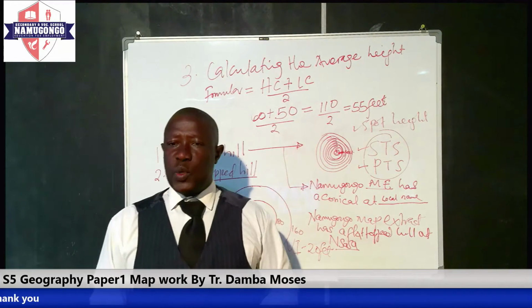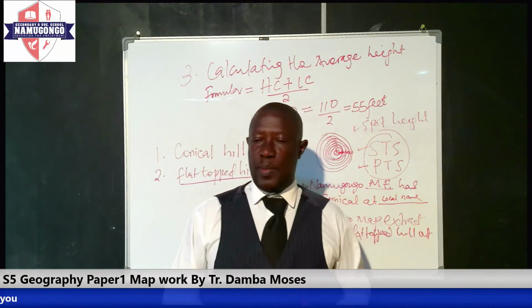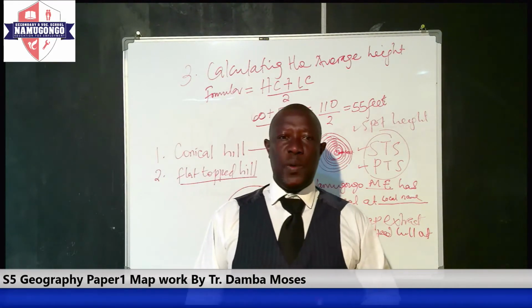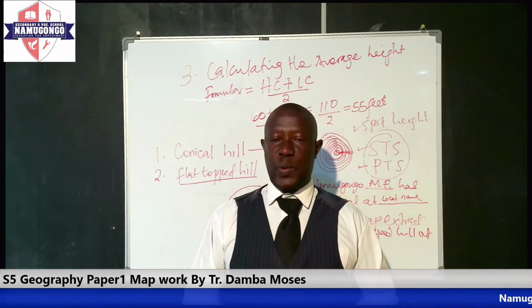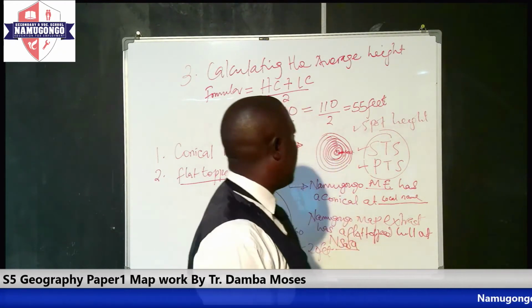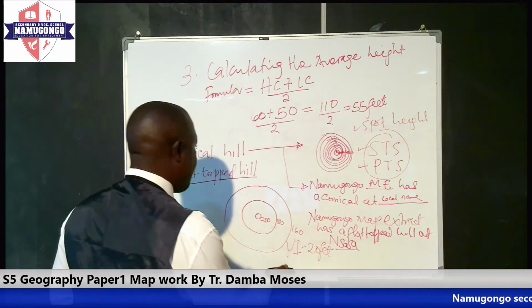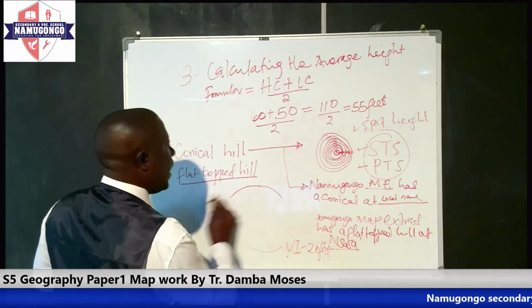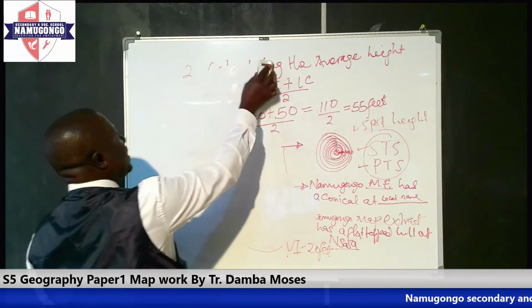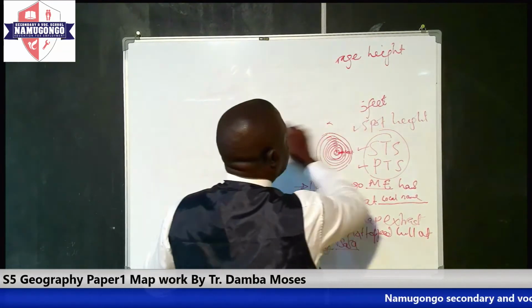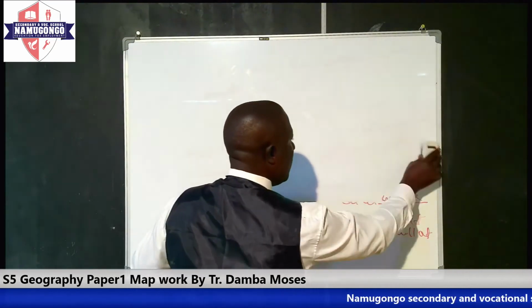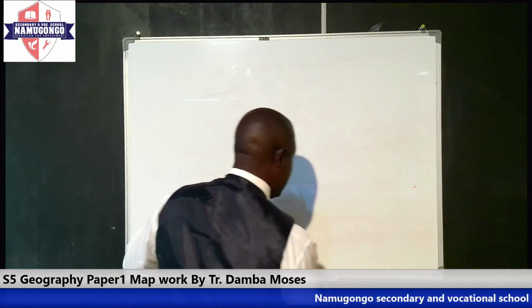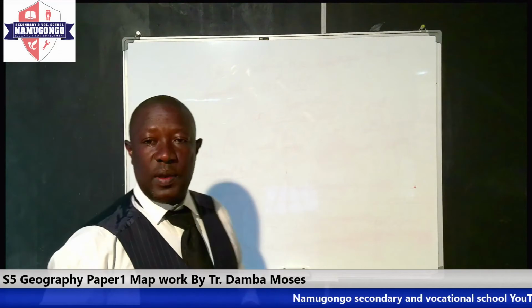Therefore, describing relief should not be a problem to you. That's why we are looking at these simple ways of describing relief. And therefore, if you describe relief well, it will be easy for you to get the marks, and then you pass your level, you score higher grades, and then go to the university.